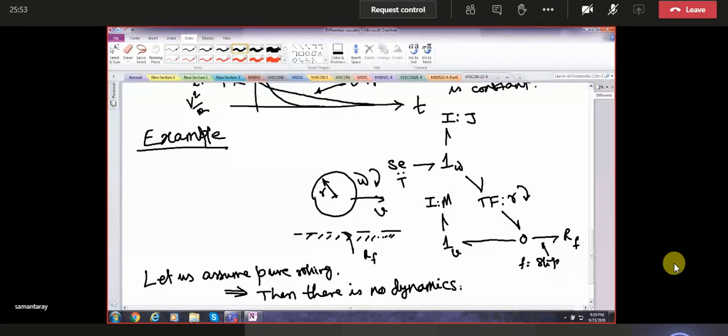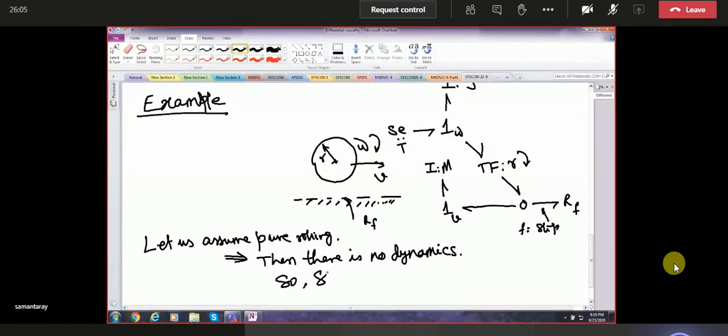So if we suppose pure rolling, then what should we have? The slip must be 0. Slip is equal to 0, V is equal to omega R. And let T be 0, T is equal to 0 also.